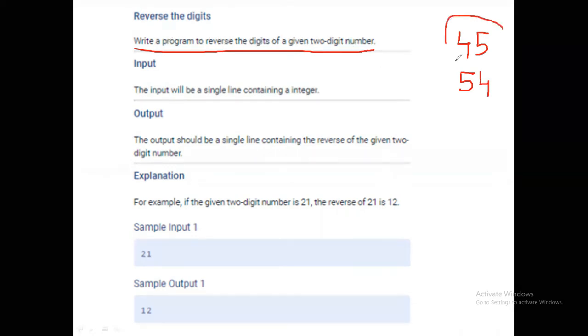For example, if I give 45, the output is 54. This is the two digit number 45. Now I want to print 5 4 as output.